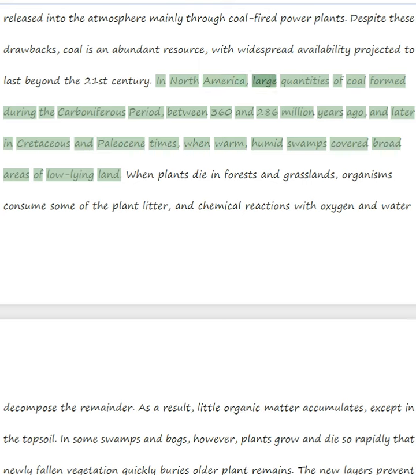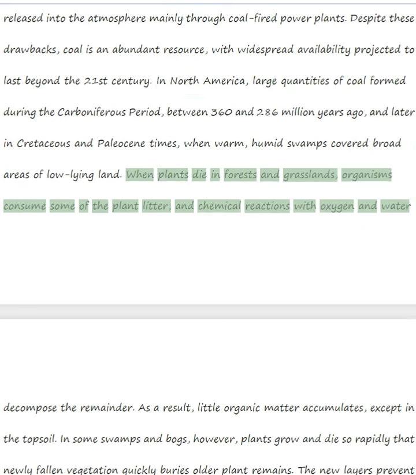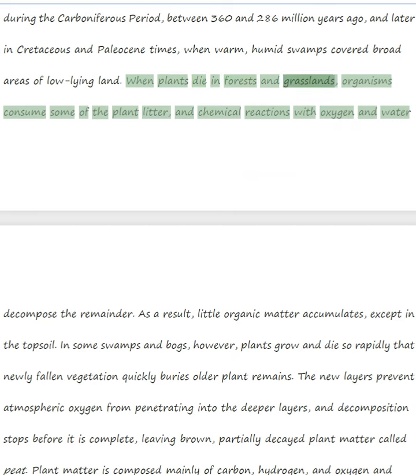In North America, large quantities of coal formed during the Carboniferous period, between 360 and 286 million years ago, and later in Cretaceous and Paleocene times, when warm, humid swamps covered broad areas of low-lying land. When plants die in forests and grasslands, organisms consume some of the plant litter, and chemical reactions with oxygen and water decompose the remainder.